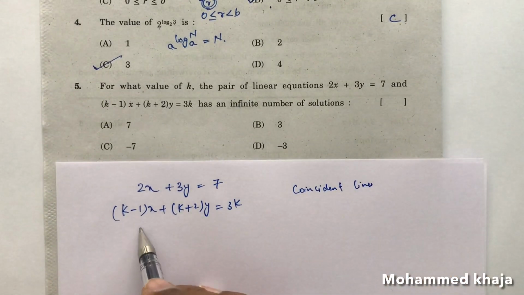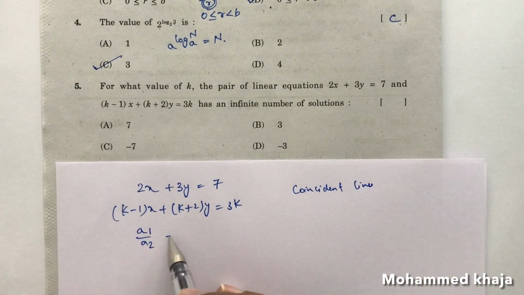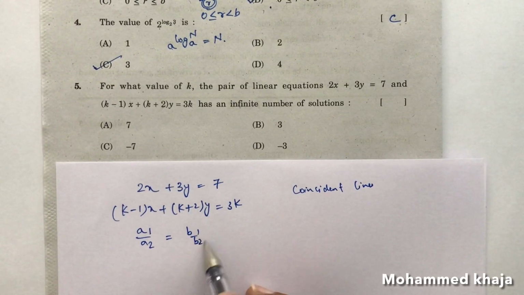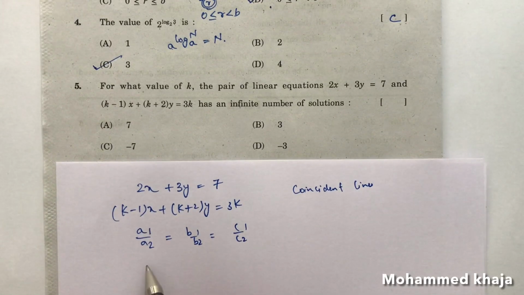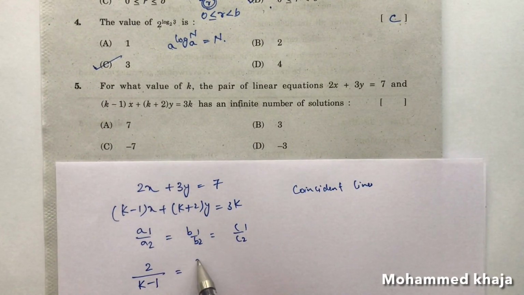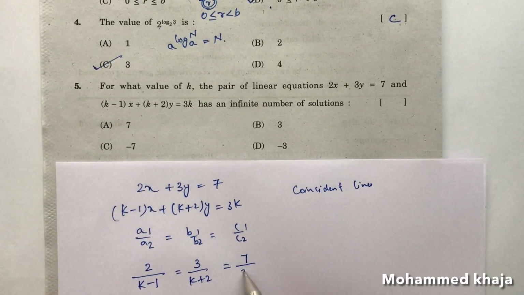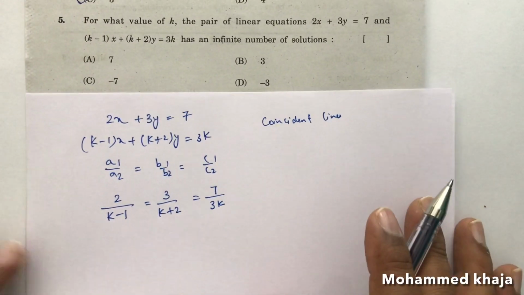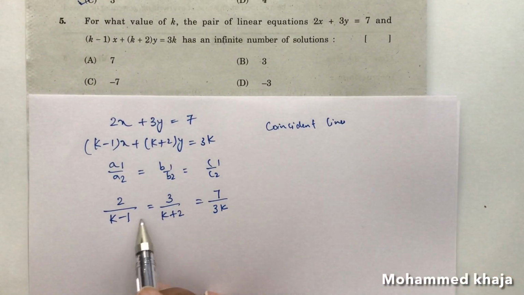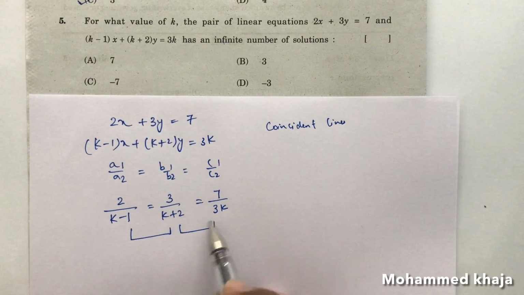So the condition for coincident lines is a1 by a2 equals b1 by b2 equals c1 by c2. Now that is 2 by k minus 1, 3 by k plus 2, 7 by 3k. If you simplify, you can take first and second, or second and third, or first and third.